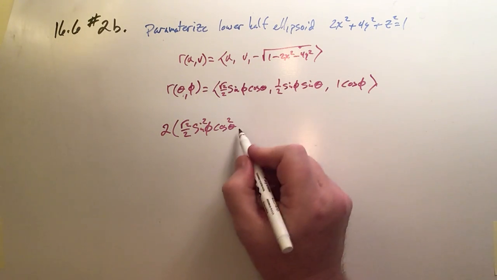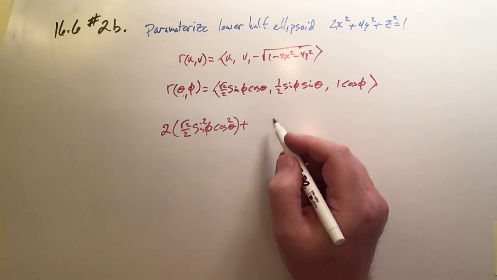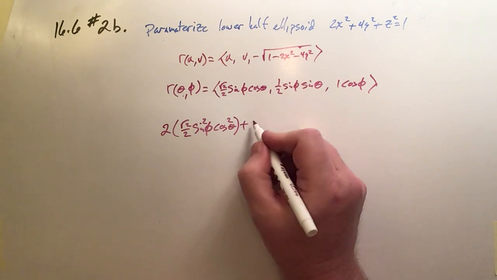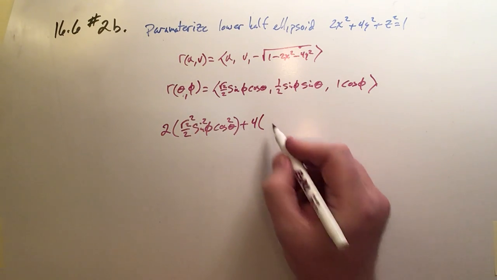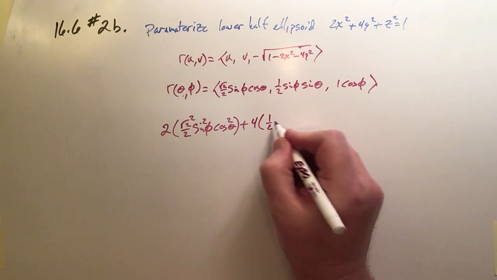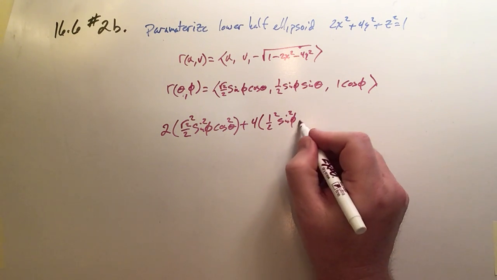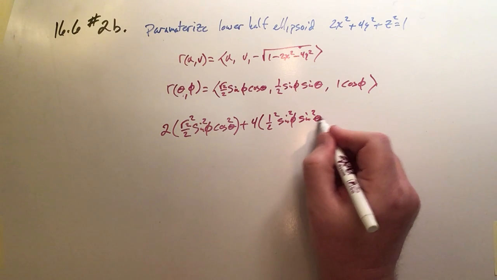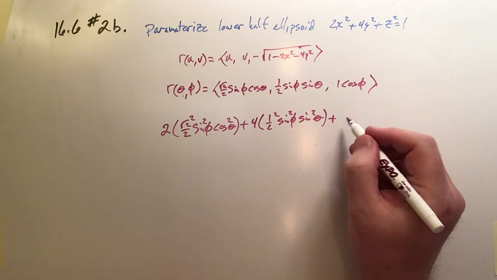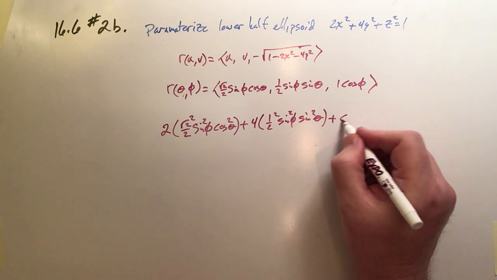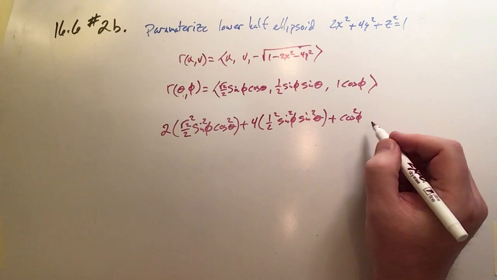And then we'll add to that plus 4 times, oops, I'm going to square that, 1/2 squared times sine phi squared sine squared theta, and then finally plus the coefficient of 1, z squared is going to be cosine of phi squared.